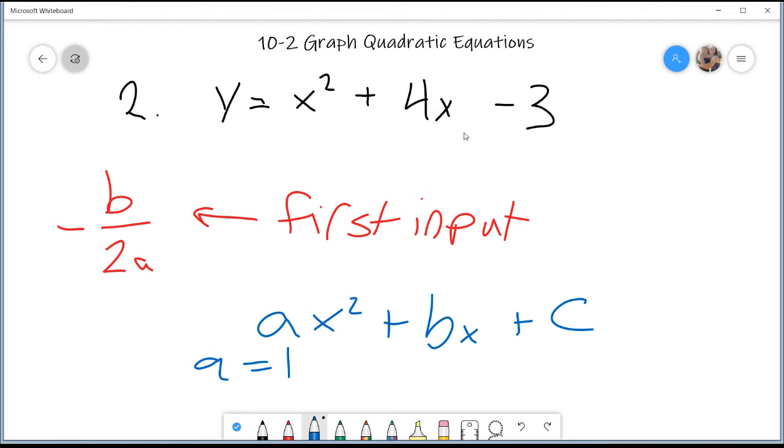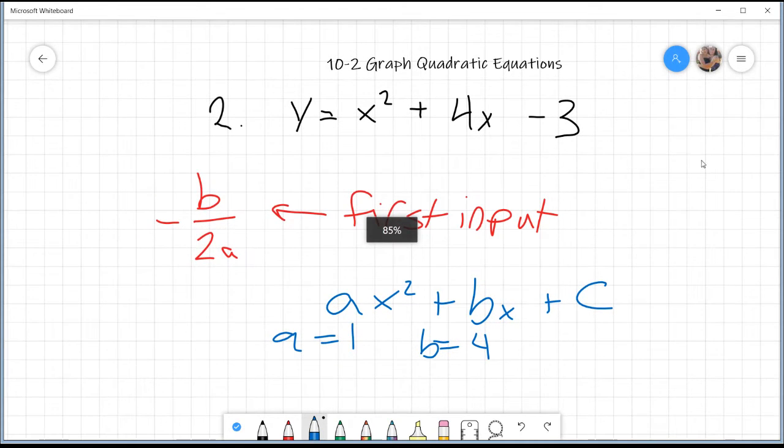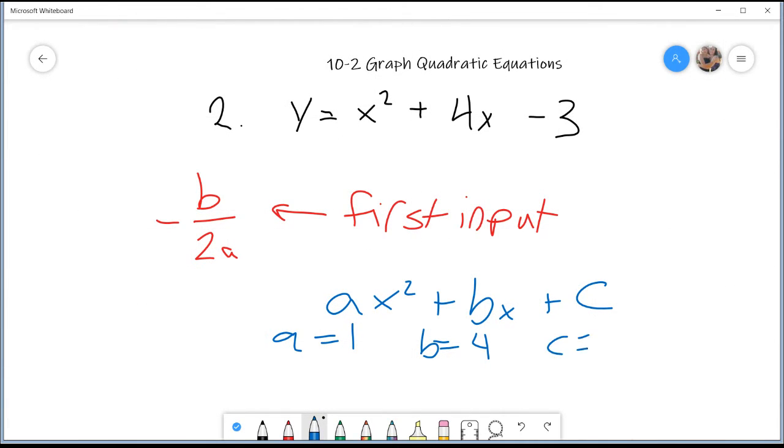By the x, we have a 4, so b is 4. And we have negative 3 right here, or subtracting 3, which is the same as adding negative 3. So our a is 1, our b is 4, and our c is negative 3.